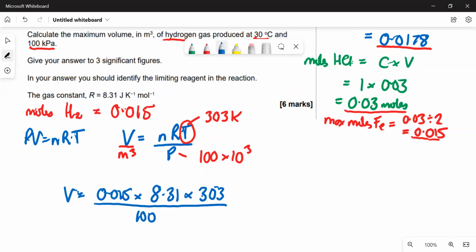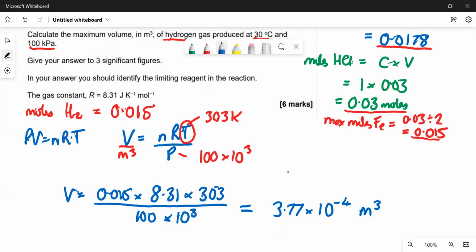Doing that in the calculator, we get a value of 3.77 times 10 to the minus 4. And the units are meters cubed. Our units are already okay.